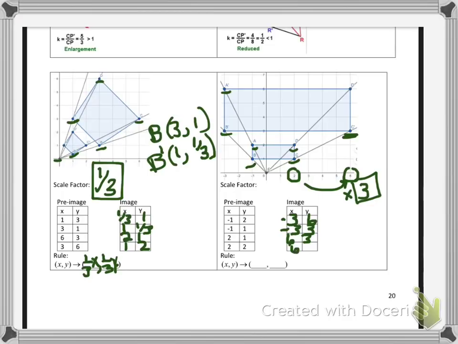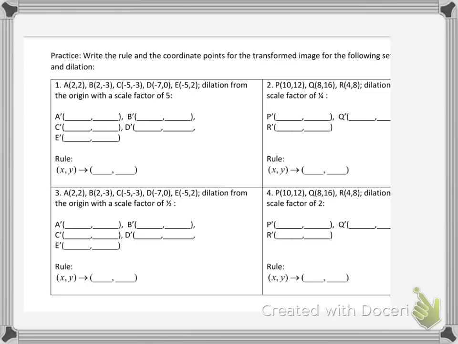And finally 6, 6. Which is right there. So here my scale factor is 3, and my rule is x comma y goes to 3x comma 3y, which just tells me that the x and the y values both get multiplied by 3.